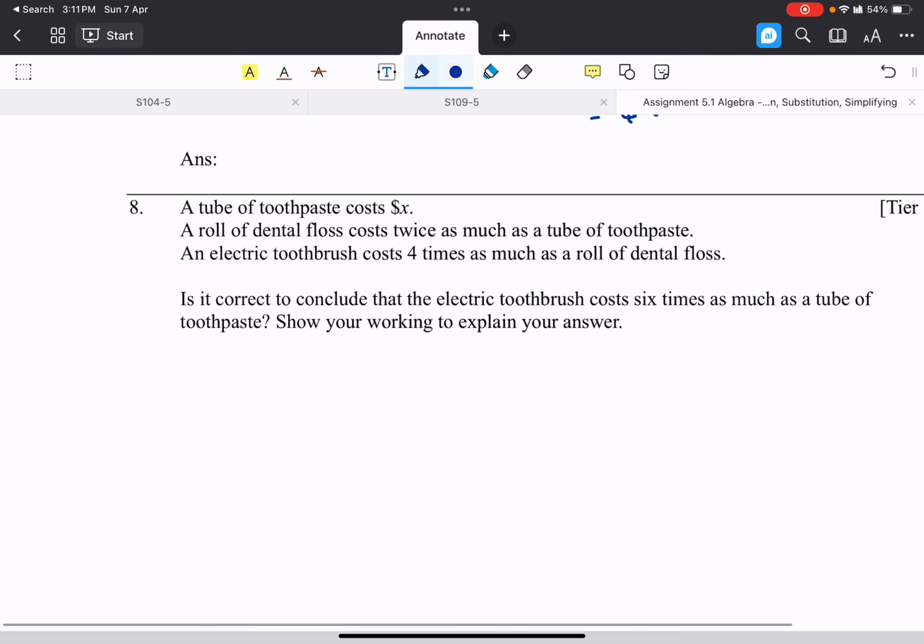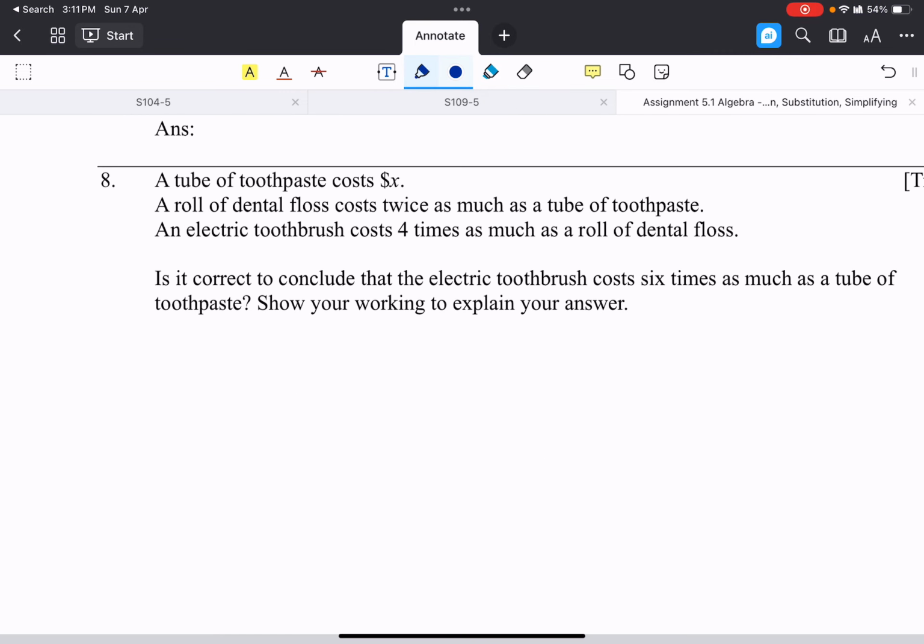So we need to figure out how much each of the items costs. So let's start with the cost of dental floss. We can start here because we know that dental floss is twice that of toothpaste. Therefore, it will be 2 times X, which is 2X. So we have the dental floss. And then next, we are going to work out the cost of the electric toothbrush.